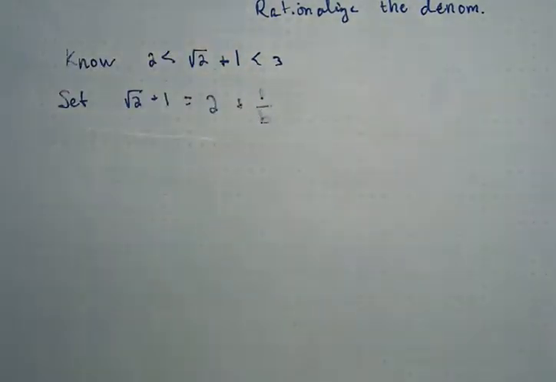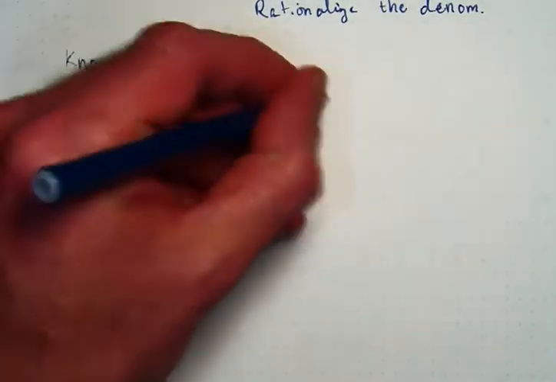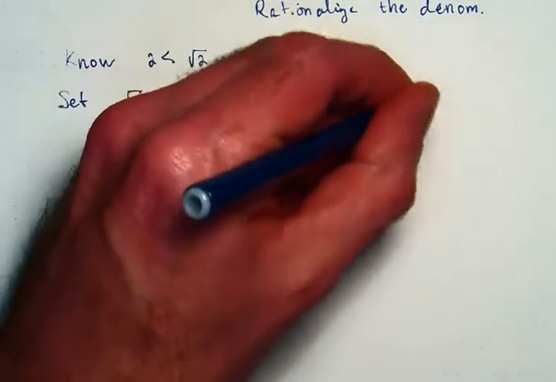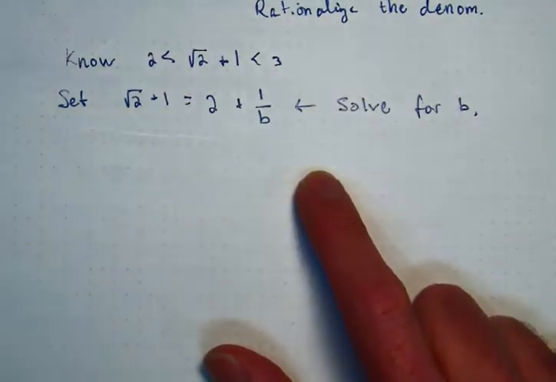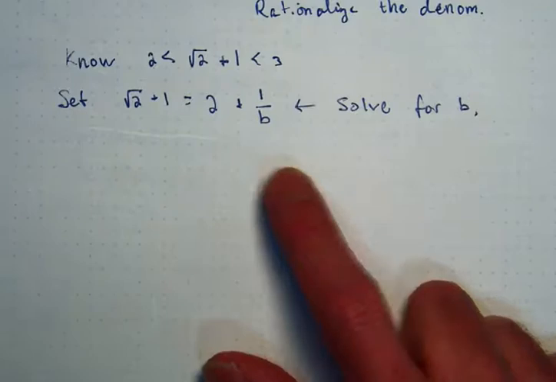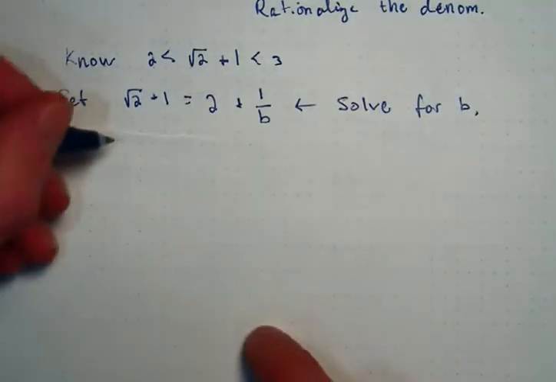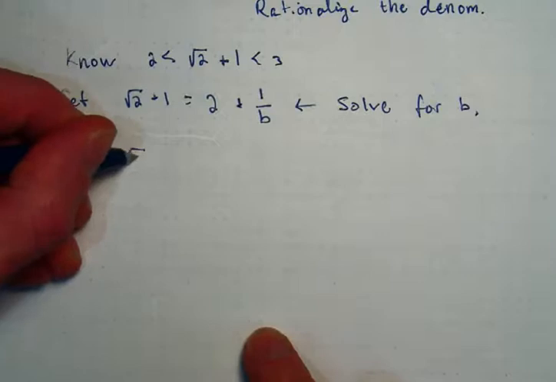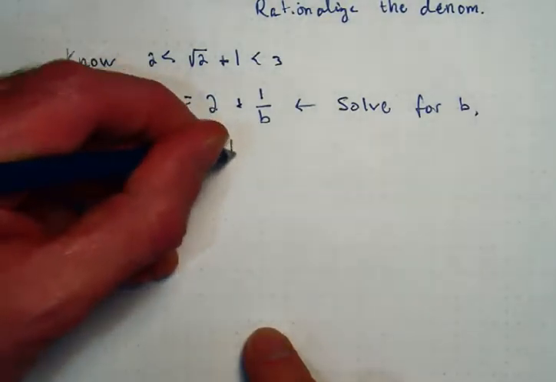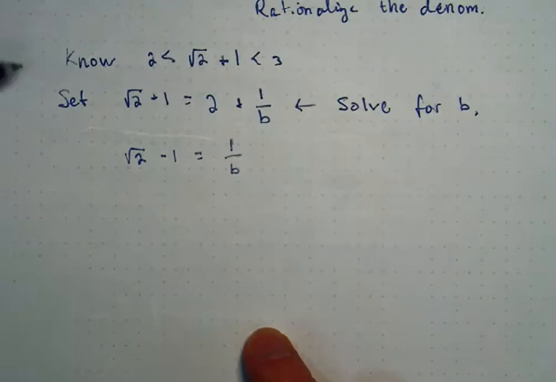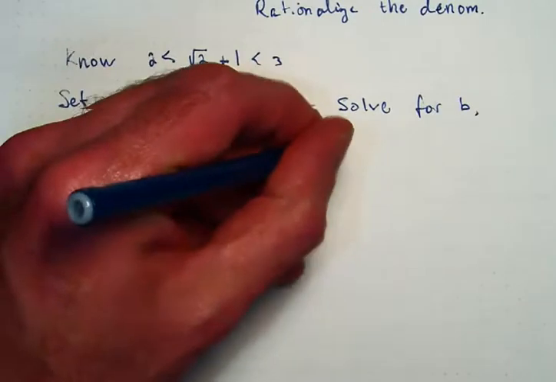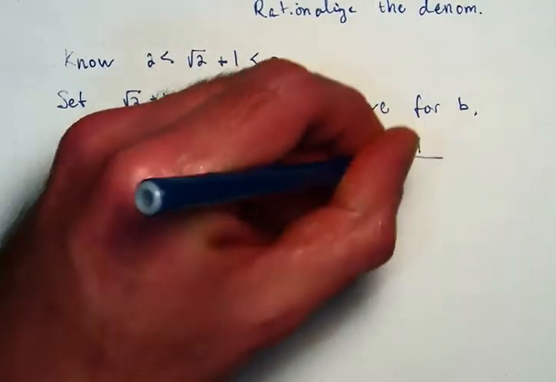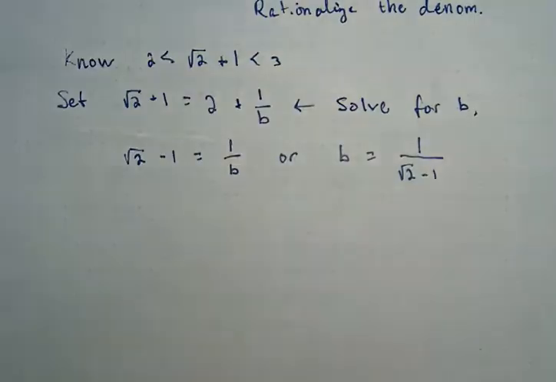We'll call that little bit 1 over b, and I want to solve for b. So we'll proceed in the same way. In fact, I can simplify this a little bit right here. Radical 2 minus 1 equals 1 over b. And then I can take the reciprocal of both sides to get that b equals 1 over radical 2 minus 1.